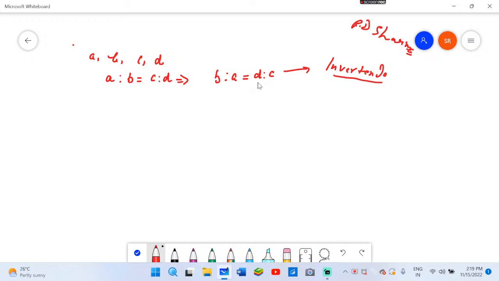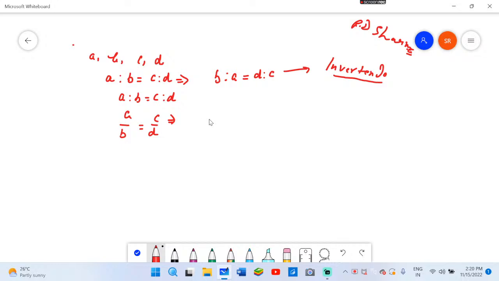We can talk about the proof of this property also. What is given to us? A is to B, same as C is to D. So A upon B is equal to C upon D. Ratio is comparison by division.